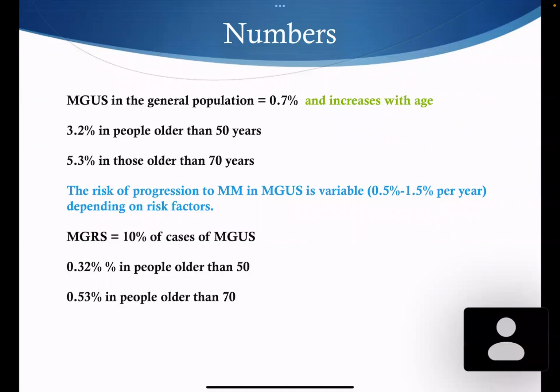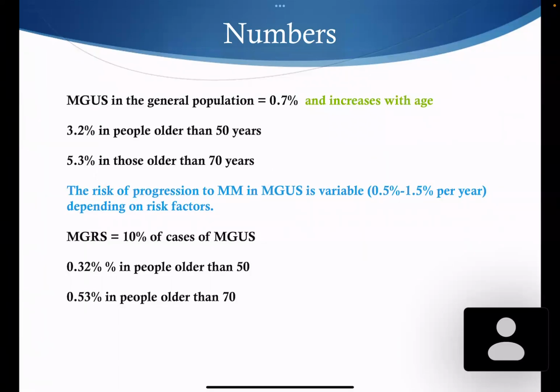For people more than 70 years, it's 5.3% of the whole population. If you know that we now have like 8 billion people, then 5.3% would be almost 40 million. So it's a big number of patients who have MGUS.